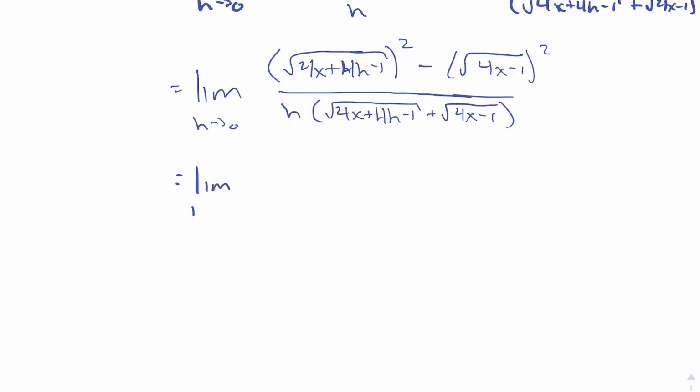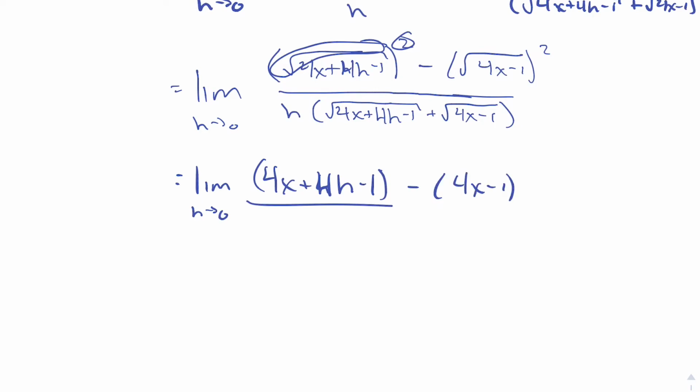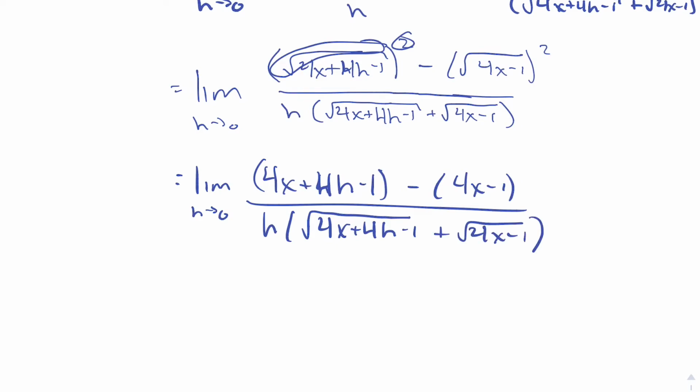When I simplify this numerator, I see that I'm squaring a square root, so all I'm left with is what's inside of that square root. The square and the square root cancel. Minus, all I'm left with is that 4x minus 1, all over that longer unsimplified denominator, the square root of 4x plus 4h minus 1 plus the square root of 4x minus 1.